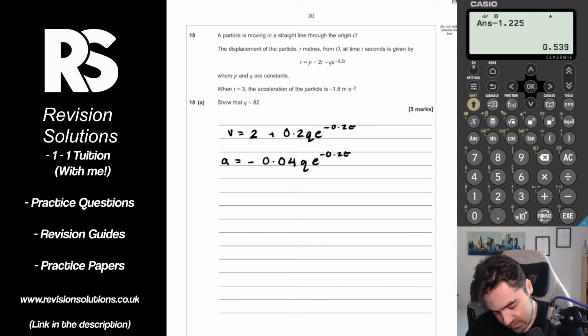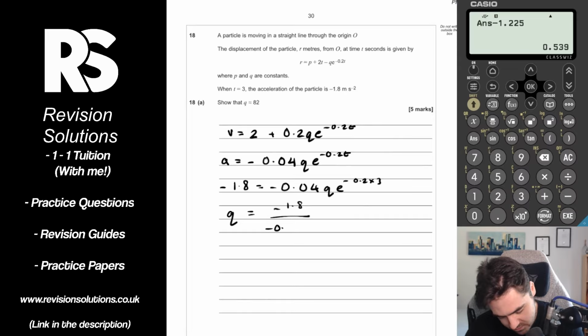And we know when t equals 3, acceleration is minus 1.8. So we could write minus 1.8 equals minus 0.04q e to the minus 0.2 times 3. So q then must be minus 1.8 all divided by minus 0.04 e to the minus 0.6.